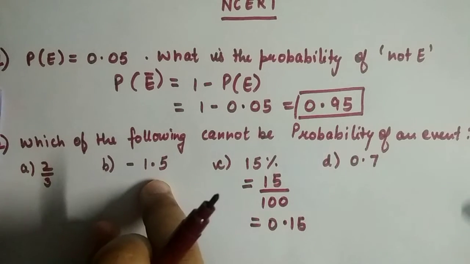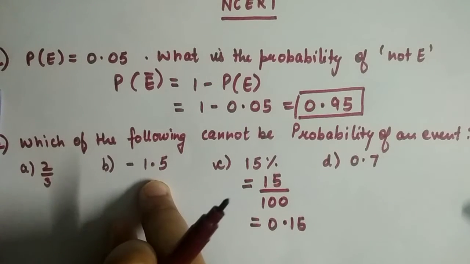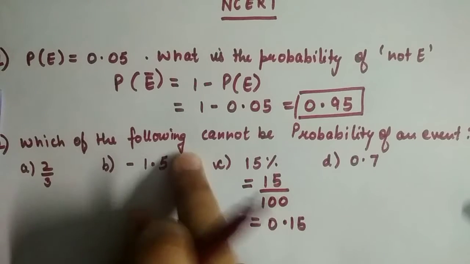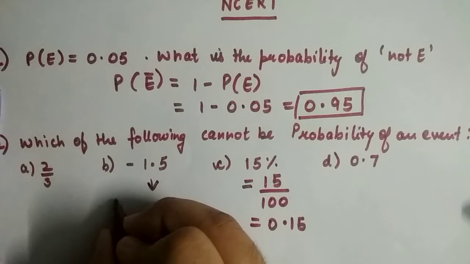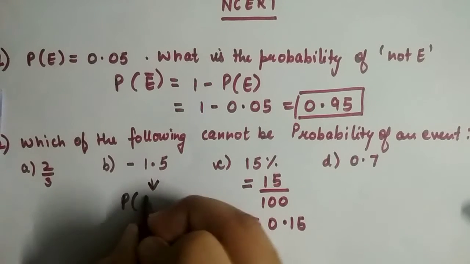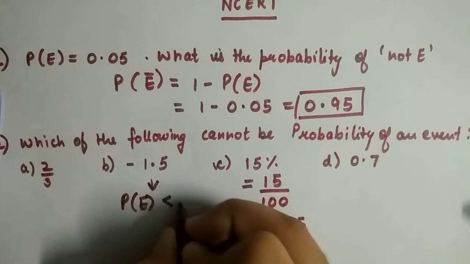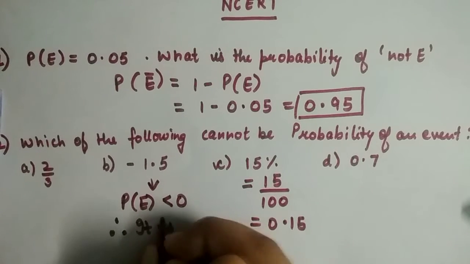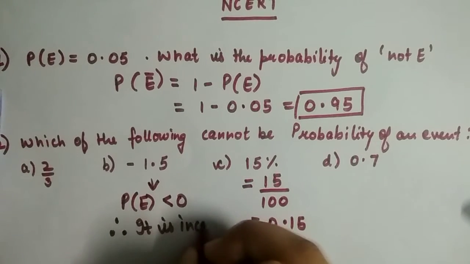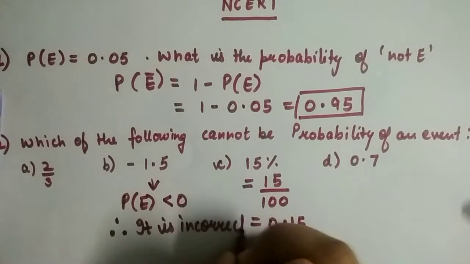A probability of this kind is not possible, because it is negative. So if you have to write the reason, then you will write: probability of event is less than 0, therefore it is incorrect as it's not possible.